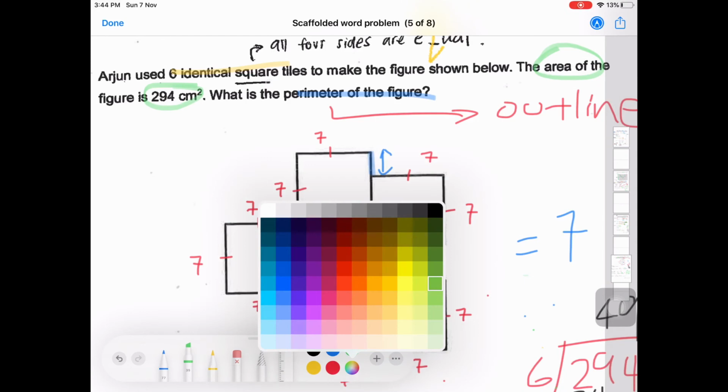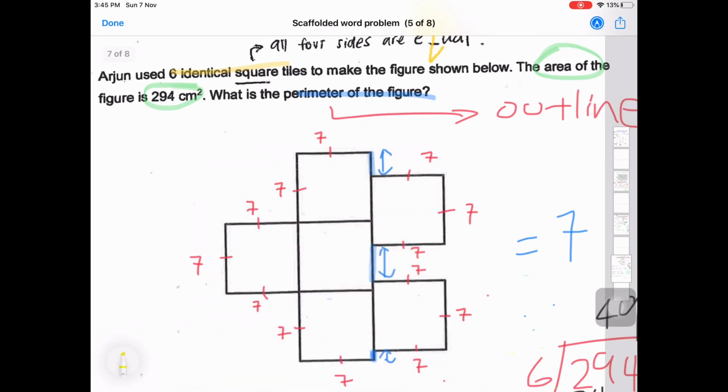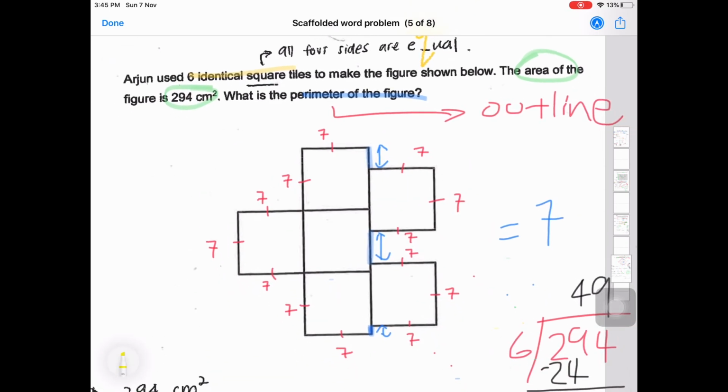So now let's find out how many groups of 7s we have. I'm going to use a yellow one to circle all the 7s that I've written, okay?